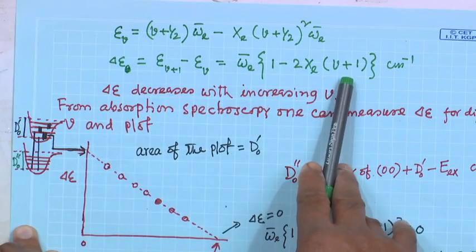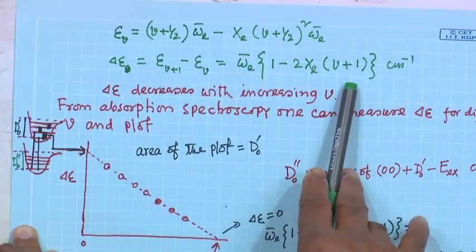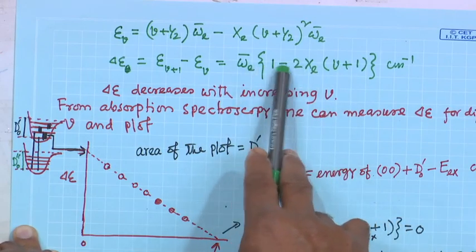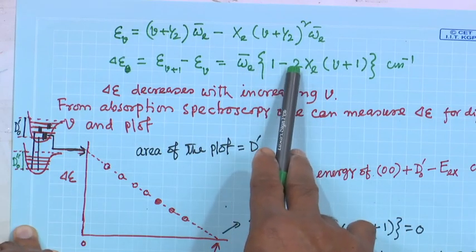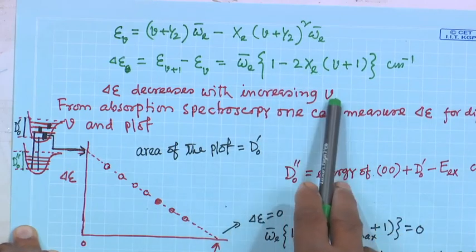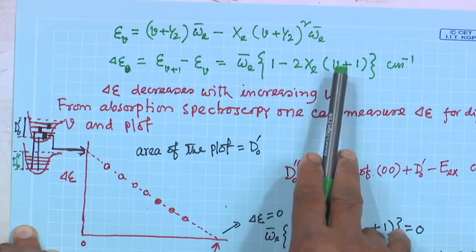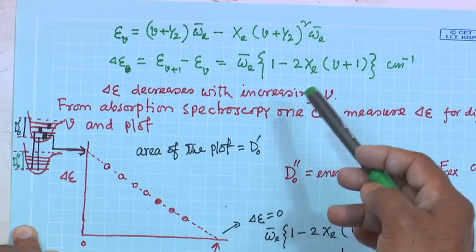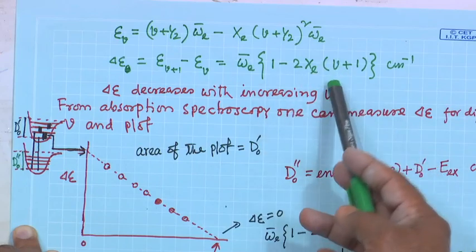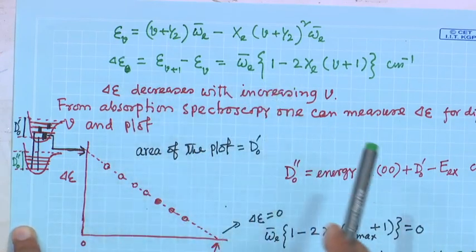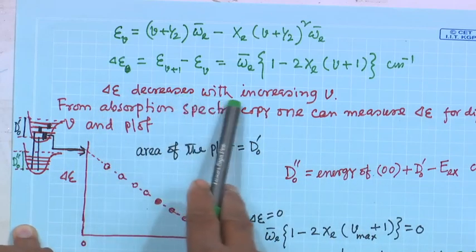From here one can see that the separation will decrease, because of the minus sign, with increasing vibrational quantum number V. So delta E decreases with increasing V.